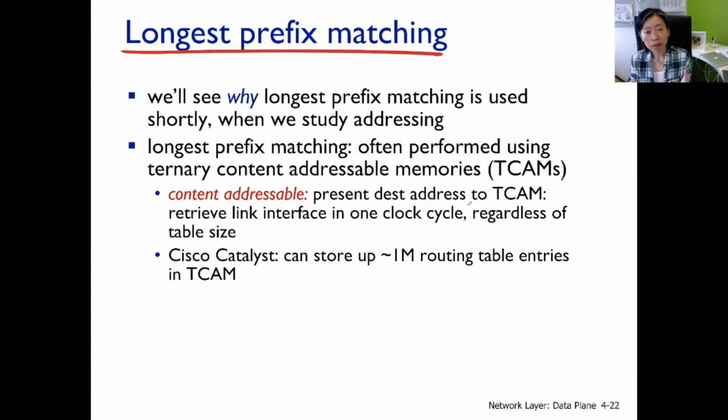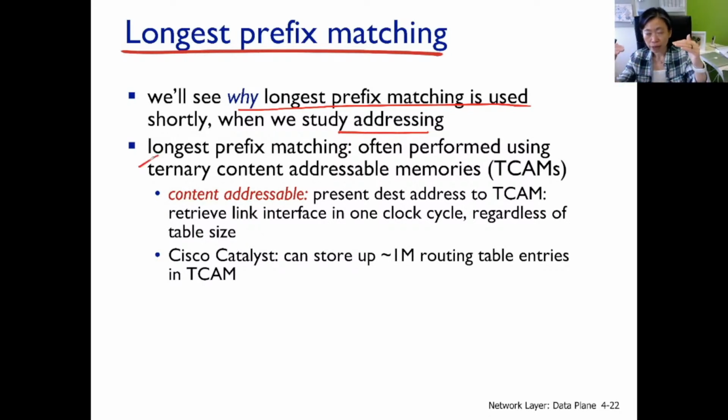So memory requirement at the input port is less, and lookup is faster because again there are fewer entries to look for. So less memory, faster lookup, 2 benefits. There's one more benefit that justifies why we use longest prefix matching, but we'll talk about that later in section 4.3, IP addressing. Now back to longest prefix matching.